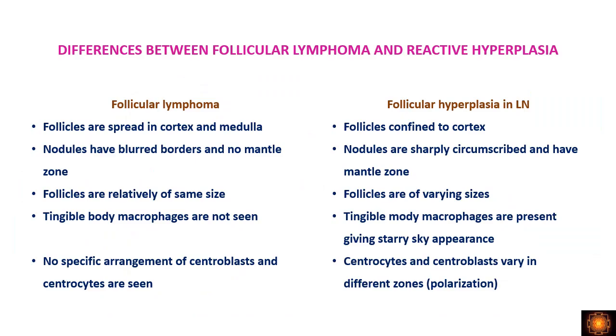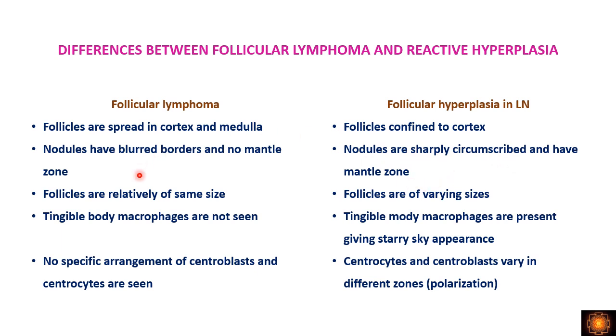Just a brief summary of the differences between follicular lymphoma and reactive hyperplasia. In follicular lymphoma, follicles are spread in the cortex and the medulla, whereas in follicular hyperplasia they are confined to the cortex. Nodules have blurred borders and no mantle zone in lymphoma, whereas in hyperplasia nodules are sharply circumscribed and have a mantle zone.